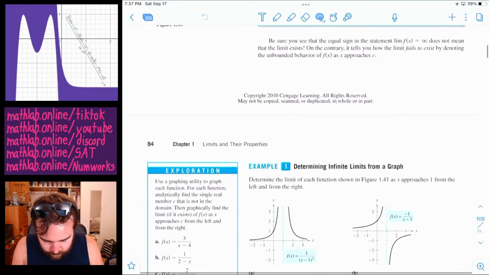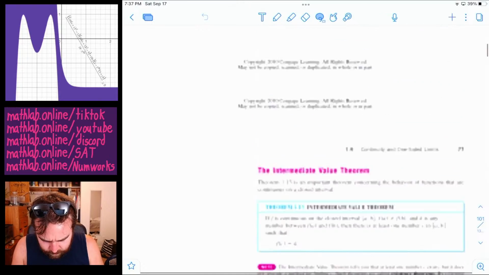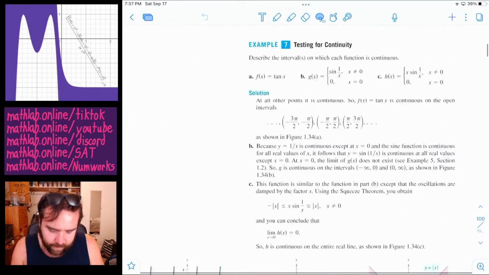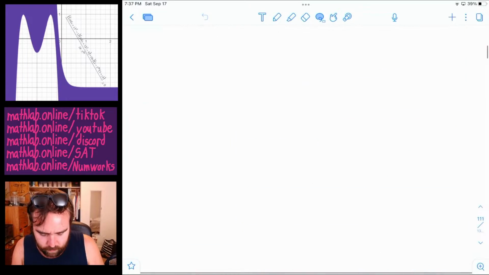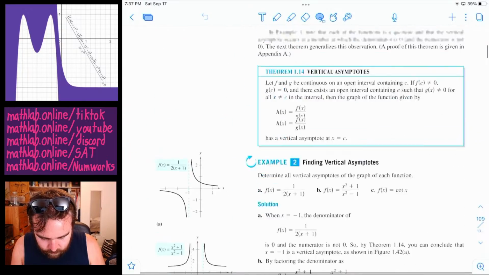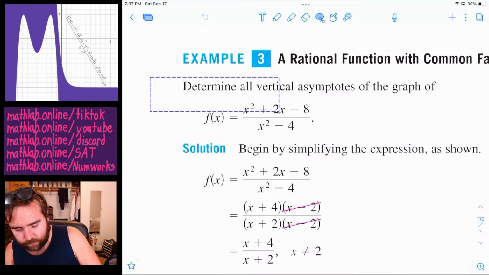Yeah, we got one more. Or did I miss a screenshot? Let me see, we did that today. No, that was the first one we did today. Okay, so we got one more. Good, I want the limit as x approaches infinity. Oh, geez, determine all the vertical asymptotes.